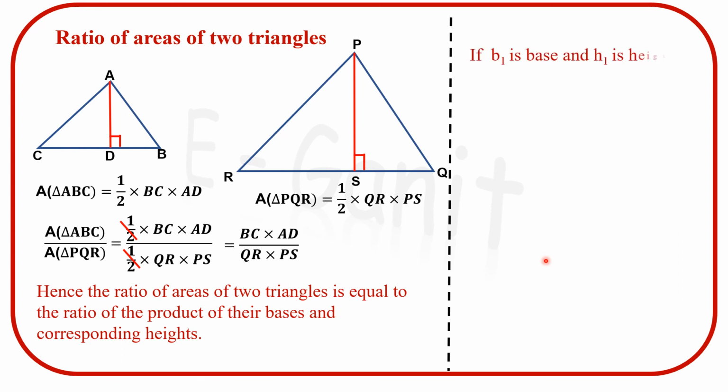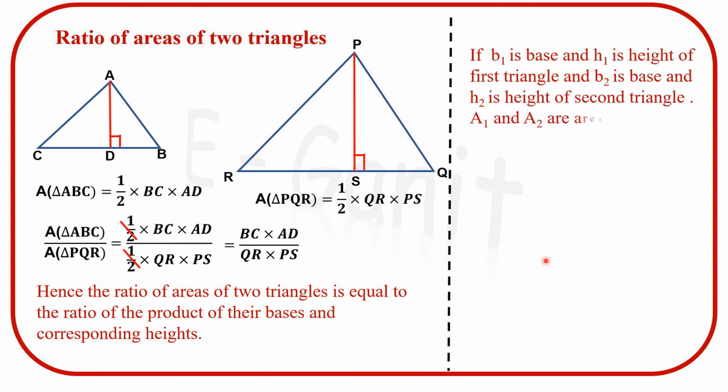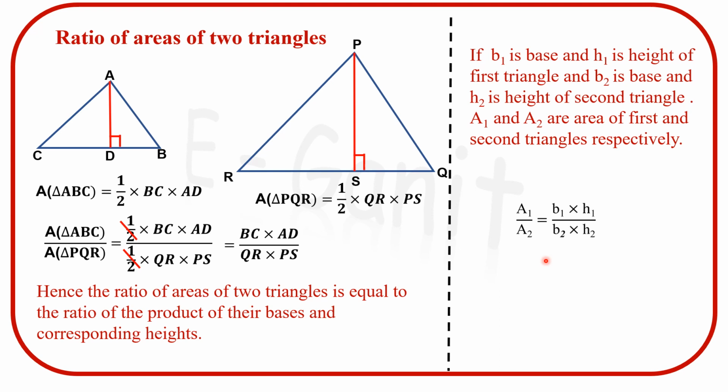If B1 is the base and H1 is the height of the first triangle and B2 is the base and H2 is the height of the second triangle, A1 and A2 are the areas of the first and second triangle respectively, then we write shortly A1 is to A2 is equal to B1 into H1 is to B2 into H2. This is the ratio of areas of two triangles.